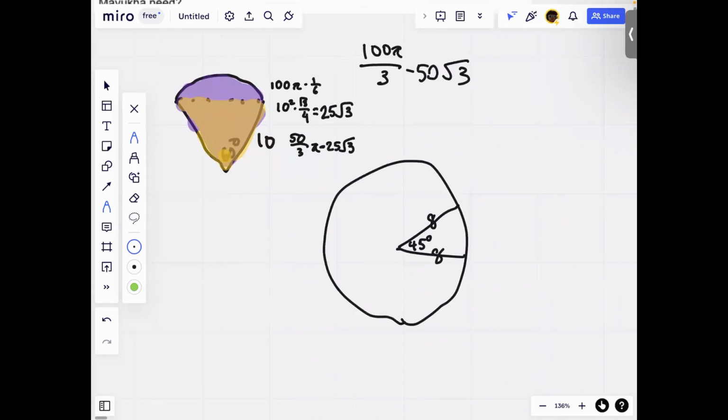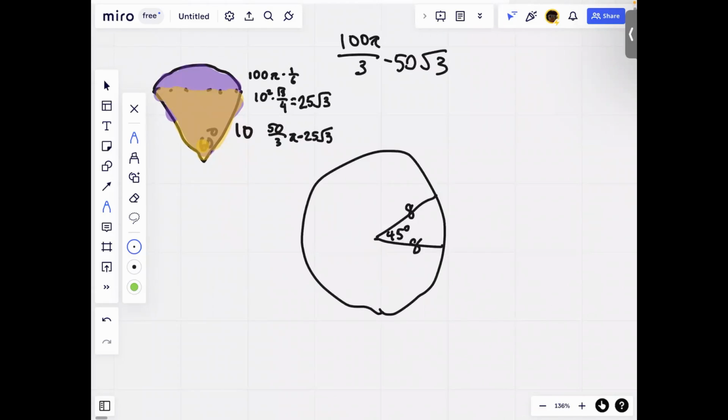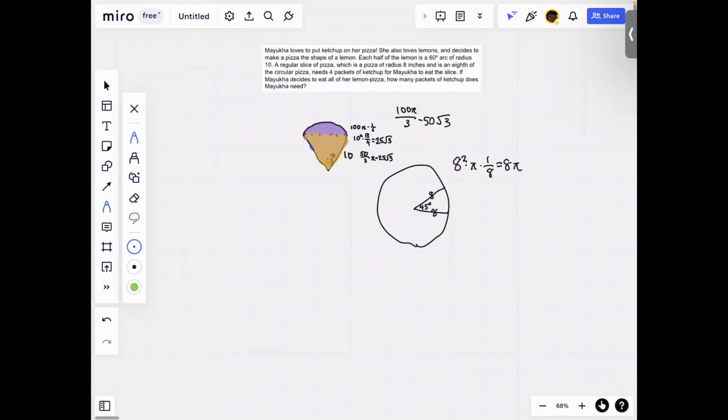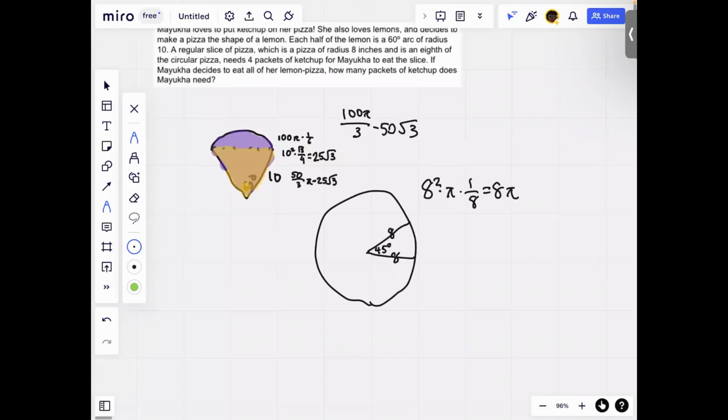And the area of the sector would be, the area of the entire circle is pi r squared, and then the fraction of the sector of the circle would be 1/8. So this is equal to 8 pi. So every 8 pi square inches, she needs 4 packets of ketchup.